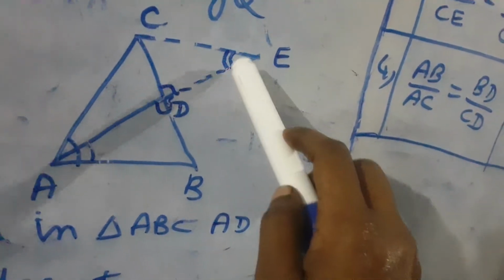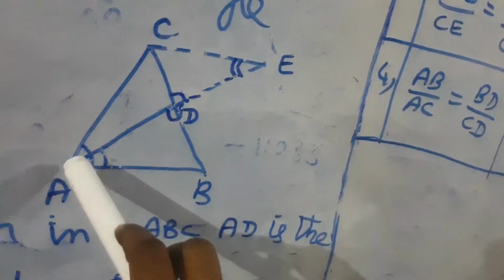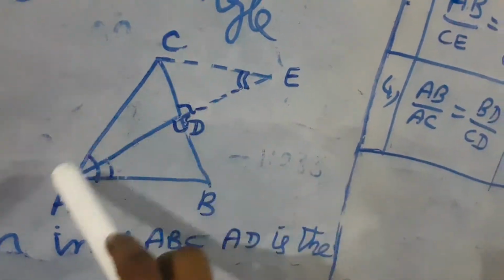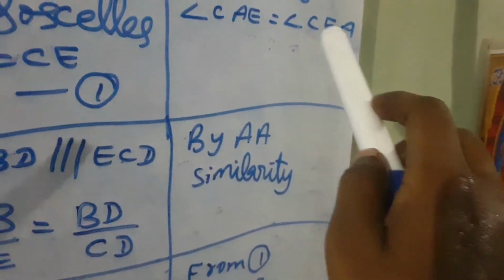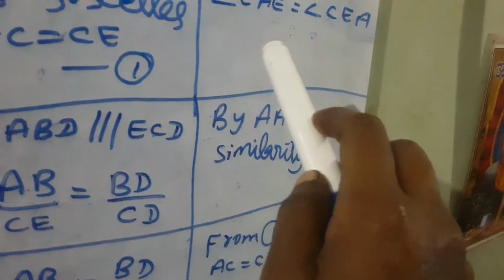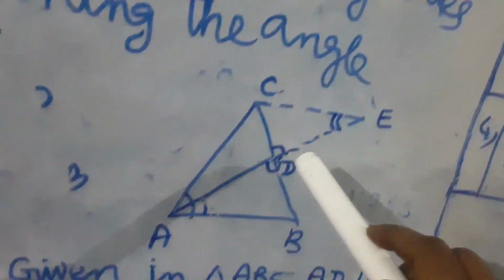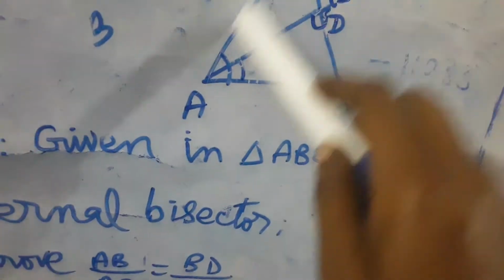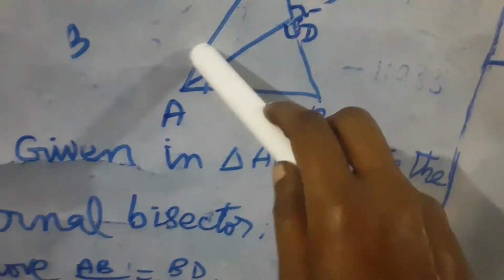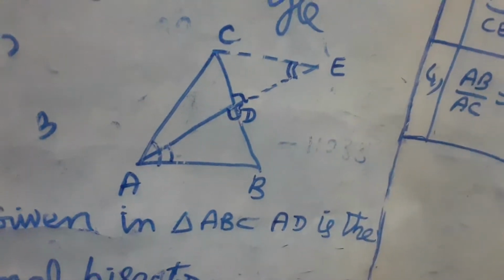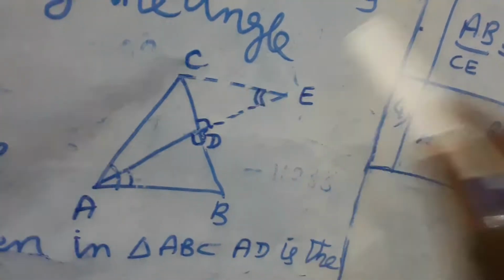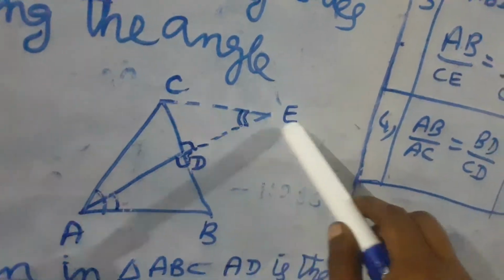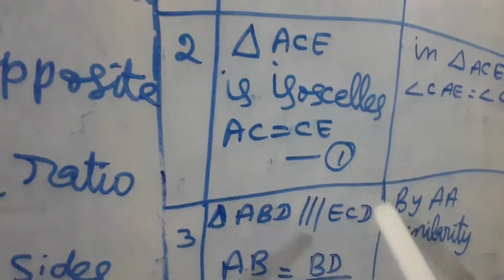Since angle CAE is equal to angle CEA, the two sides will be equal. This is the condition for the isosceles triangle. Therefore, AC equal to CE. Put this as equation number 1.